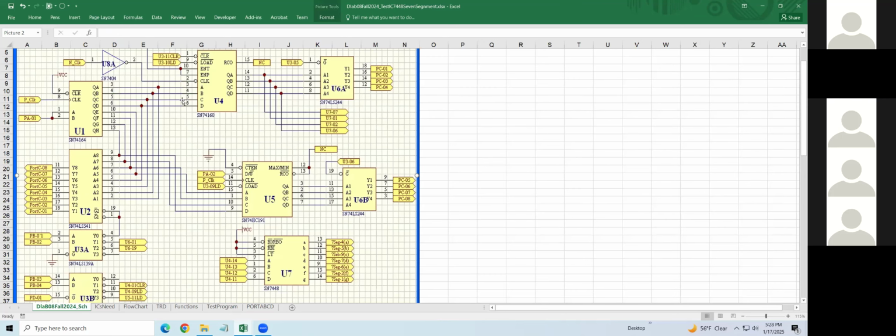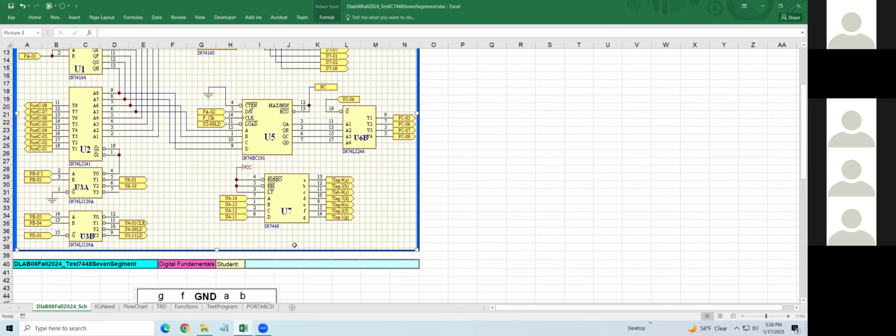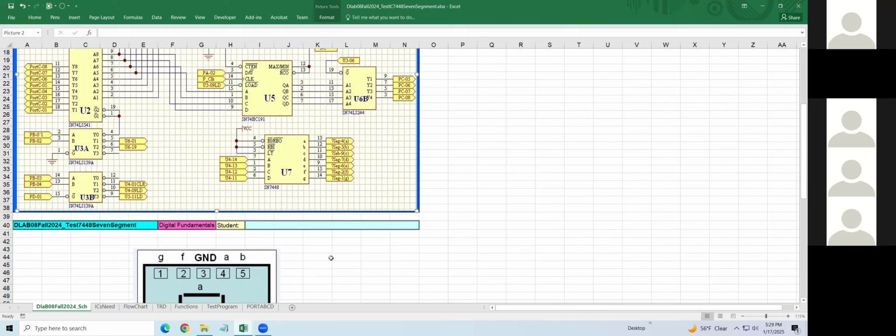So for counting up, you already connected everything. You run the test program and it's supposed to pass. And F5 is the same thing. And the last one will be testing U7 and the 7 segment here.